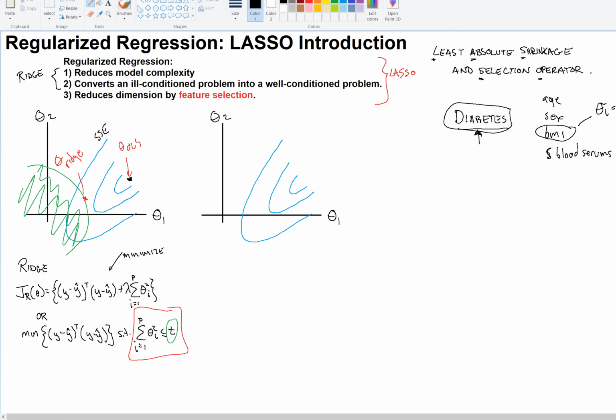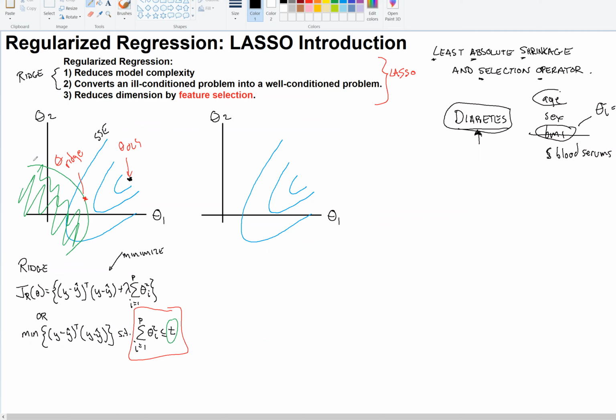We would like some way of actually shrinking these coefficients to exactly 0. If we can shrink them to exactly 0, then we have accomplished point 3 here. We can reduce the dimension by just removing body mass index, and we've performed feature selection, essentially selecting the non-zero weights or the non-zero variables. Okay, so ridge regression cannot do that.